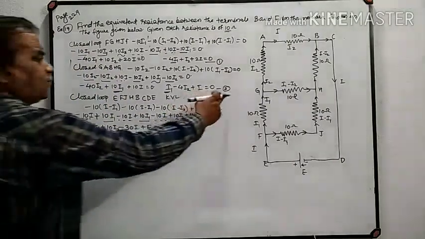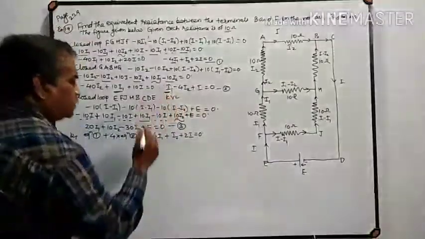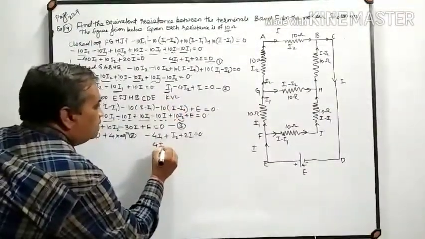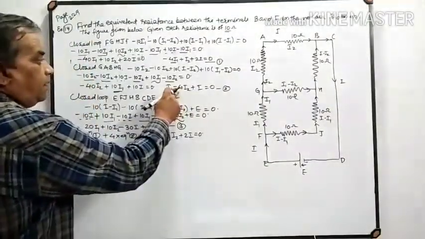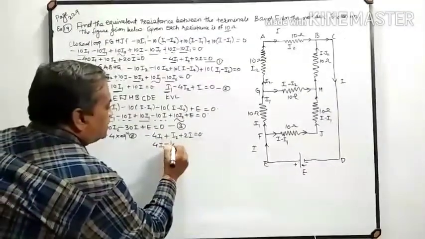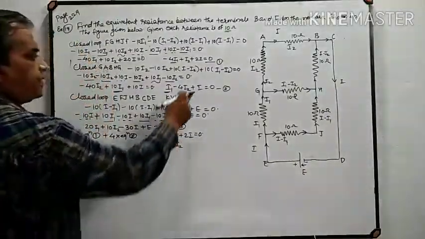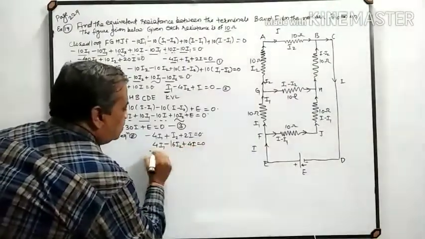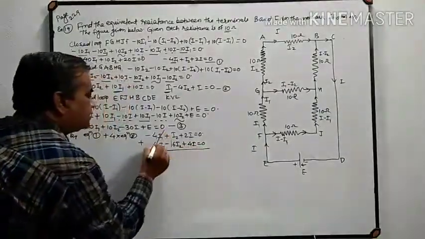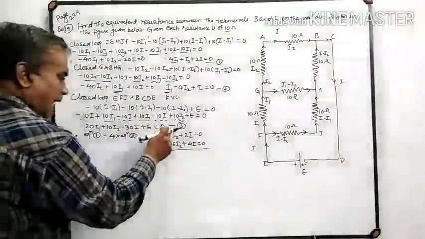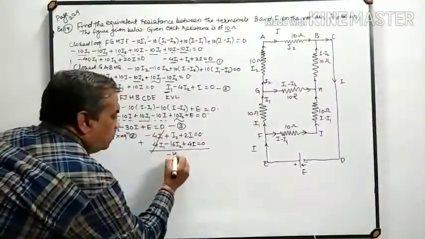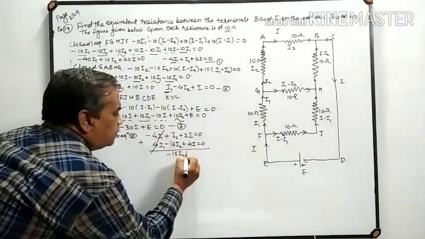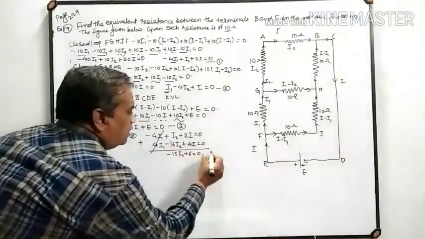Now while writing equation 2, I will multiply it by 4. So it is 4I1, 4 into minus 4 I2 is minus 16I2, 4 into minus I is minus 4I, equal to 0. If I just add, I1 becomes 0, and I2 minus 16I2 is minus 15I2, plus 6I is equal to 0.